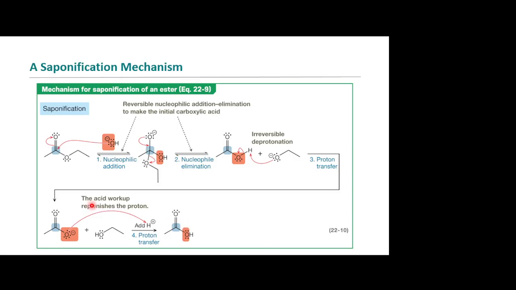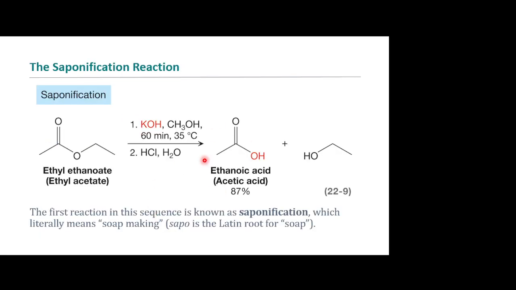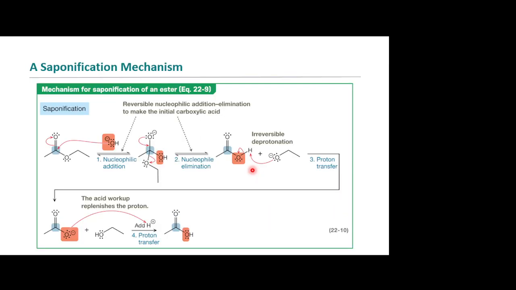Typically what you do is you can do the acid workup, which is what they're doing here, so they get the carboxylic acid. But that's not normally what you give people as soap. Okay, you don't normally give them the fatty acid. You give them the carboxylate with sodium or potassium.